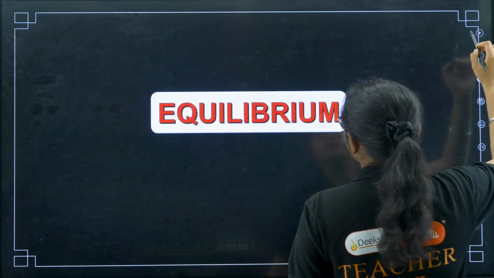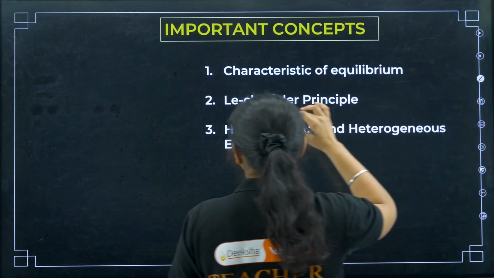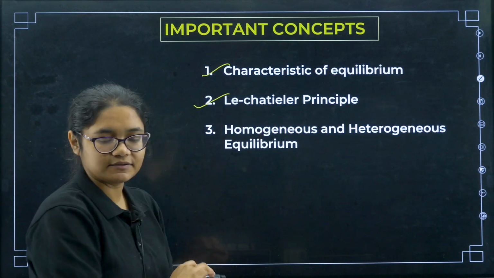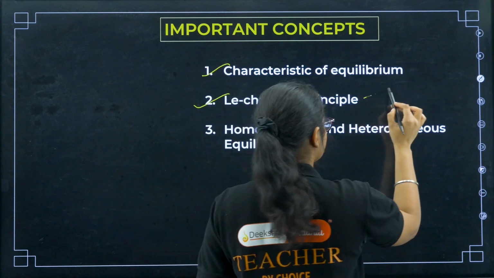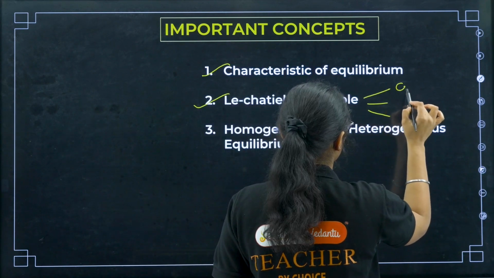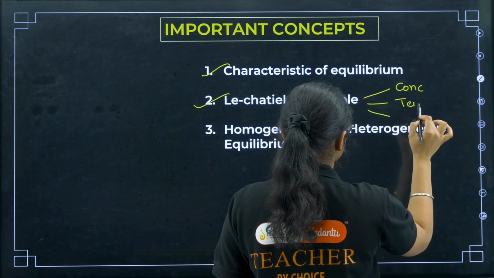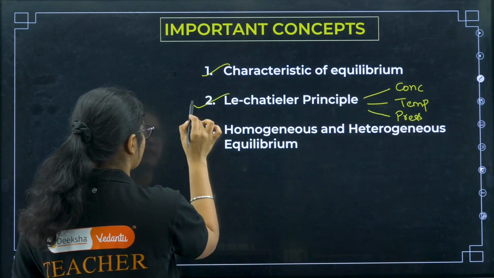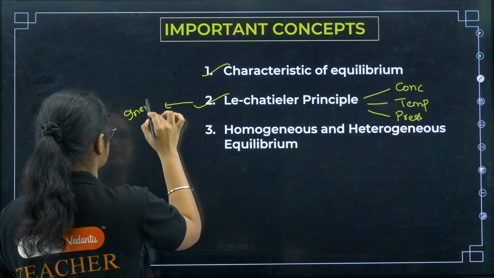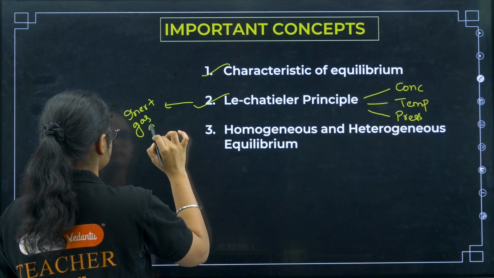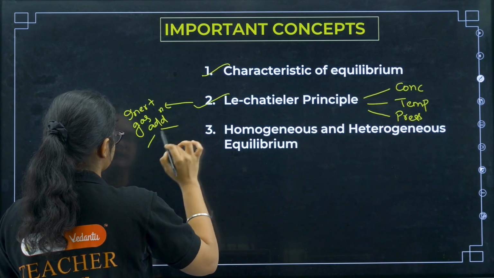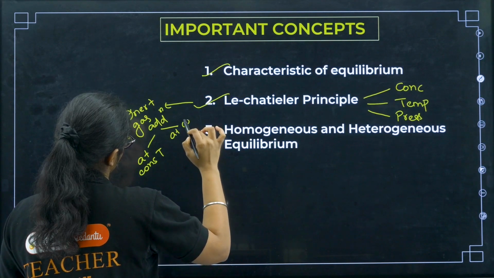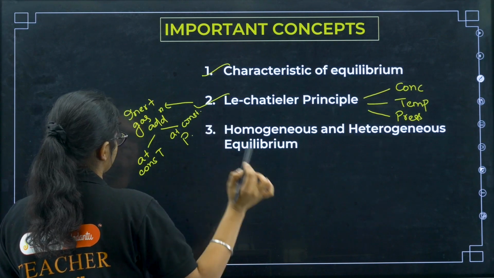Fine. Next, moving to the equilibrium chapter. Here you should know the characteristics of equilibrium. Then Le Chatelier's principle, very, very important, with all the effects: the effect of concentration, effect of temperature, effect of pressure, and the next one is inert gas addition, at constant temperature and at constant pressure, okay.